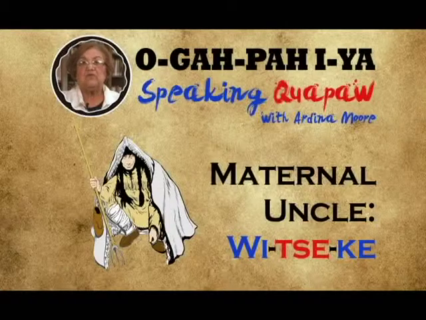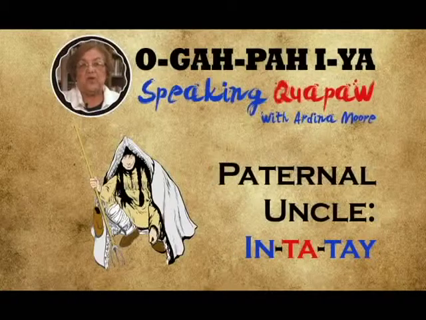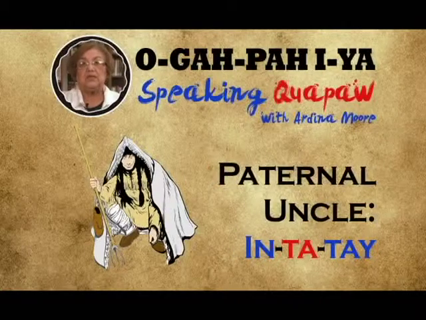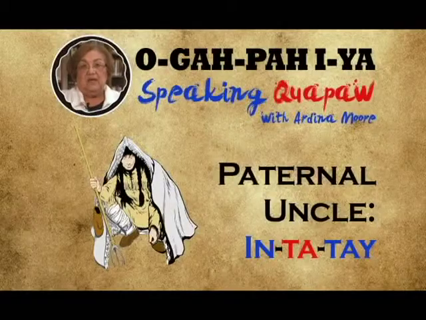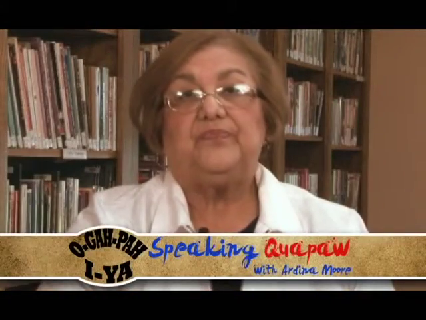Now the uncle on your father's side, and you're going to say, I've already had that word, but it's the same as your father, IN-TA-TAY. So your father's brother is called IN-TA-TAY. Now there's a reason for that.